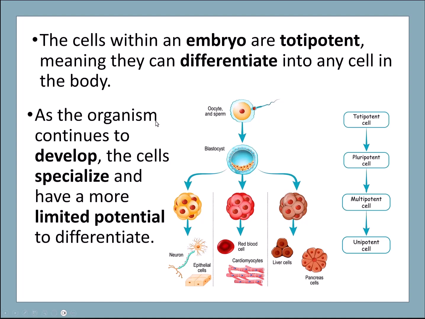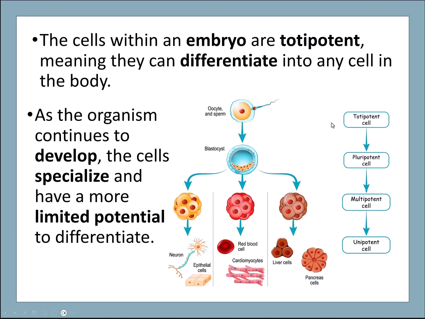As the organism continues to develop, the cells specialize more and more, and they have a more limited potential to differentiate. These embryonic cells will become all the different types of tissues in the body, and they lose their potential to become different types of cells as they start to specialize.